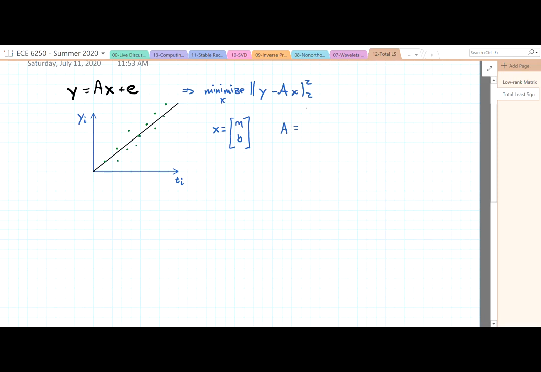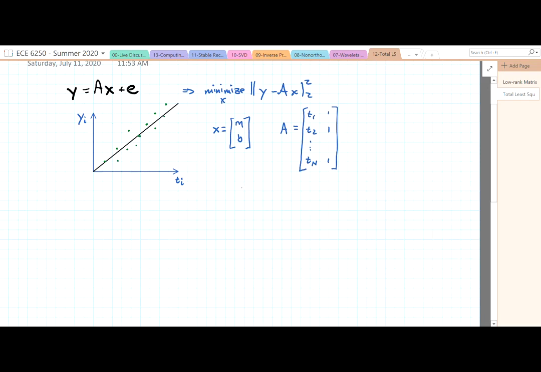So then A would be equal to T1 and 1, T2, 1, so on up to Tn and 1.